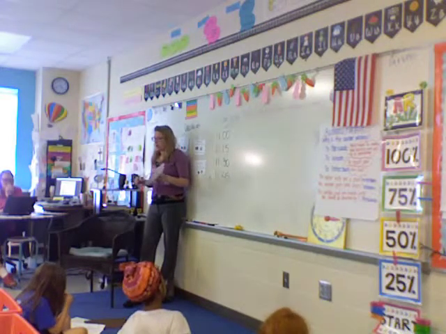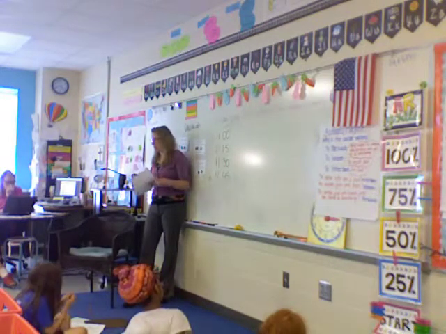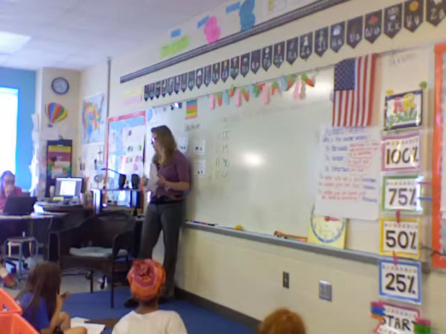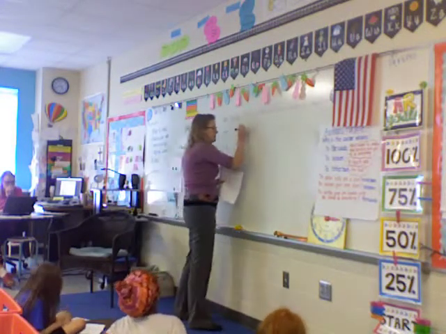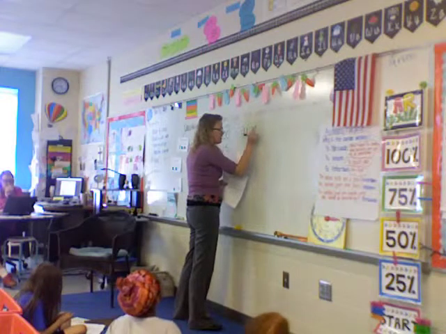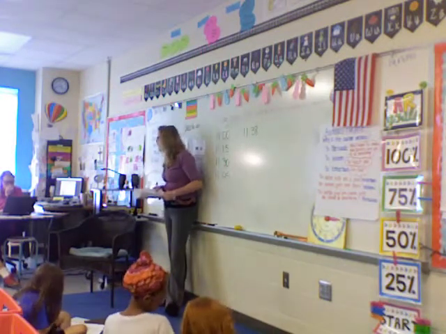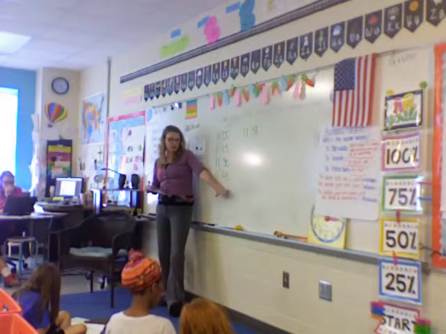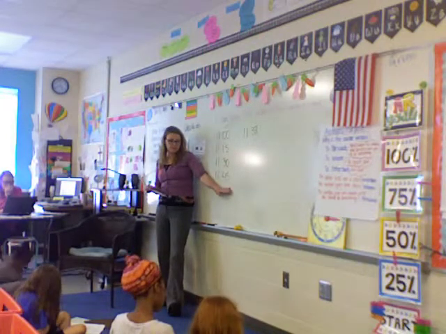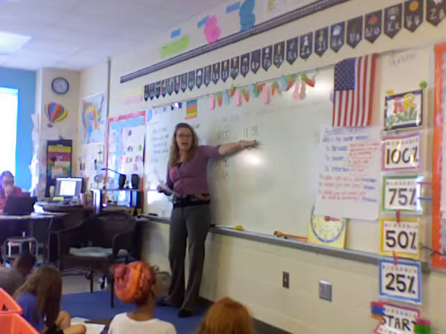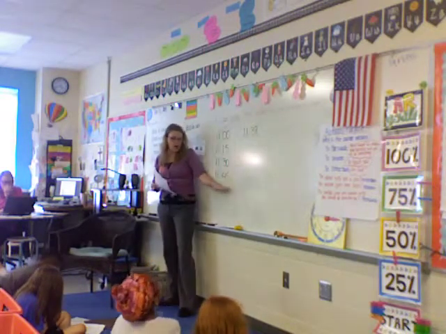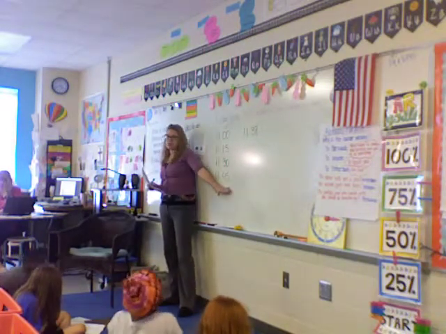So, what time is it currently on the problem? 11:38. Okay. It wants to know how many minutes they have to wait for the fourth canoe ride. So if it's 11:38 now, how would we find out how many minutes till 11:45?